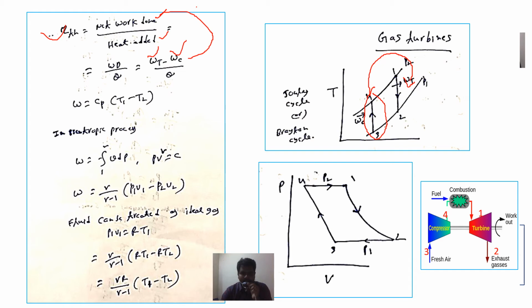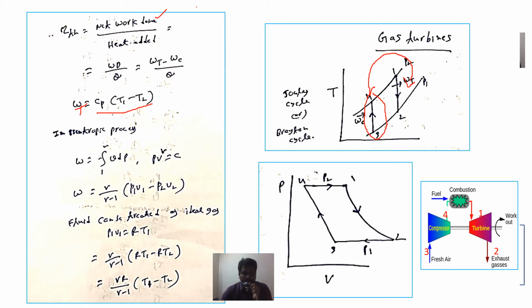For heat added it is Q. But work done by the turbine equals Cp into T1 minus T2.